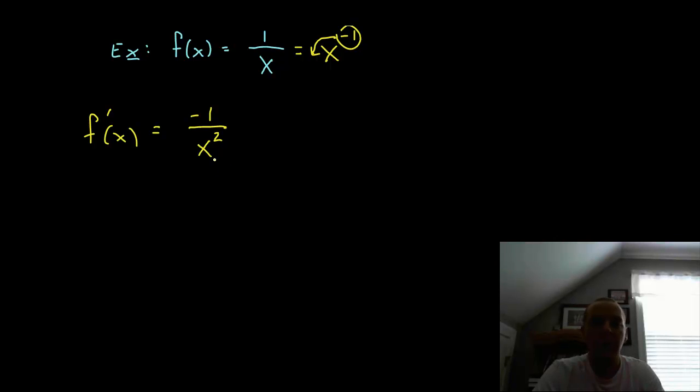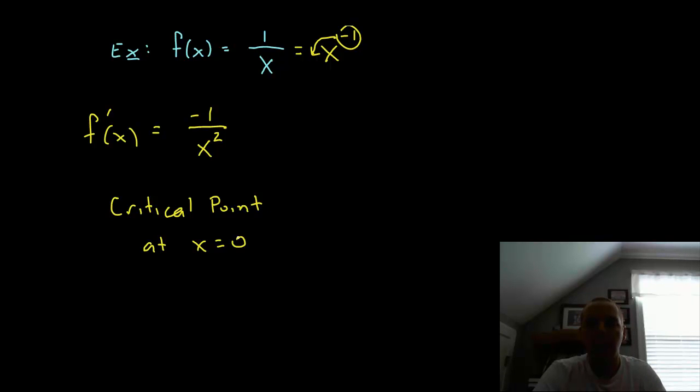So now somebody will look at that derivative and say, well, it's never 0 because the numerator is never 0, but it is undefined at x equals 0.